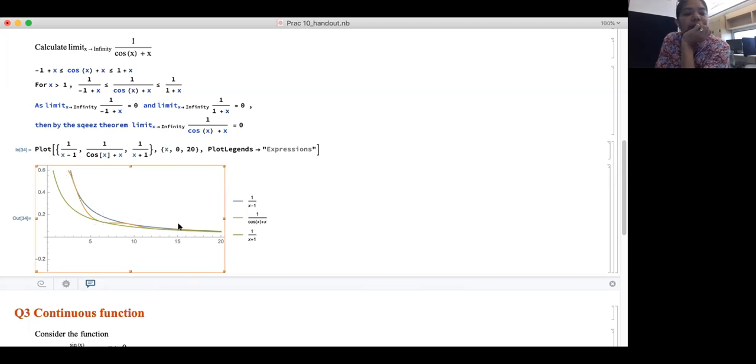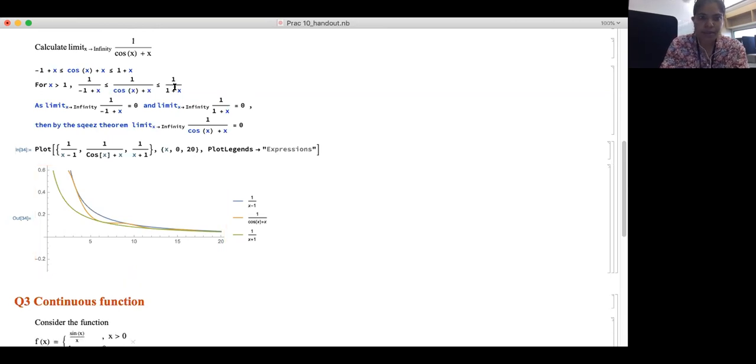The one in the middle is 1 over cos x plus x, and on top it is 1 over x minus 1. It should be less than, yeah. And on the bottom is 1 over x plus 1.